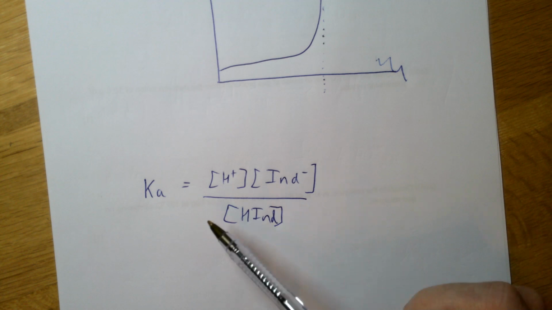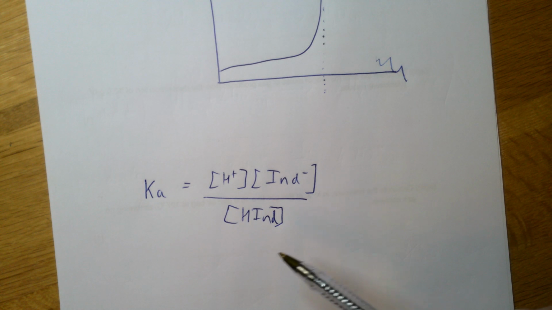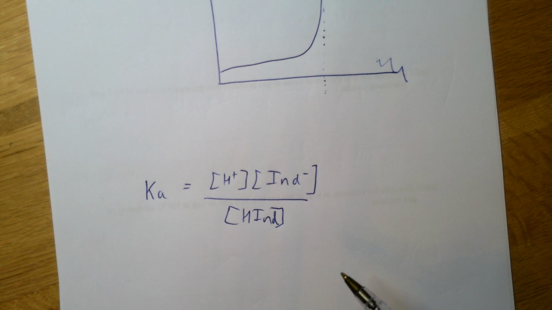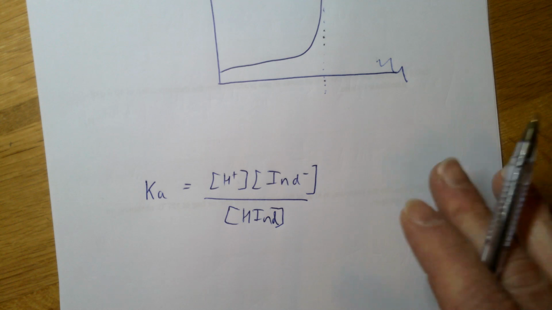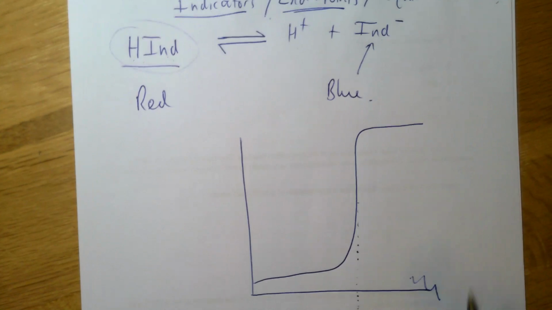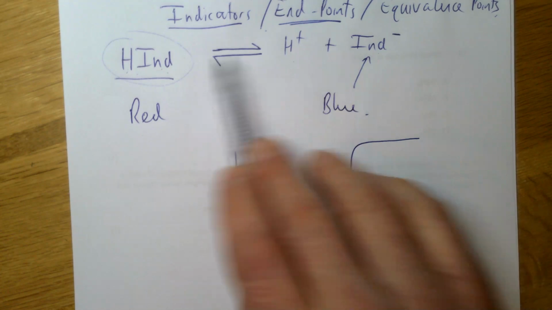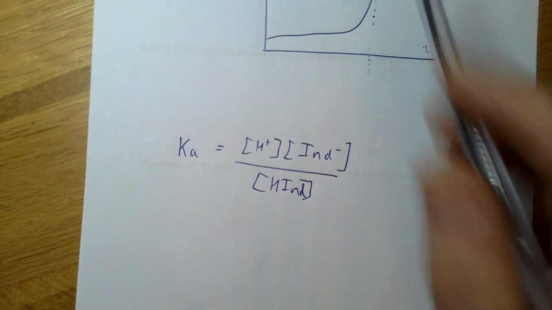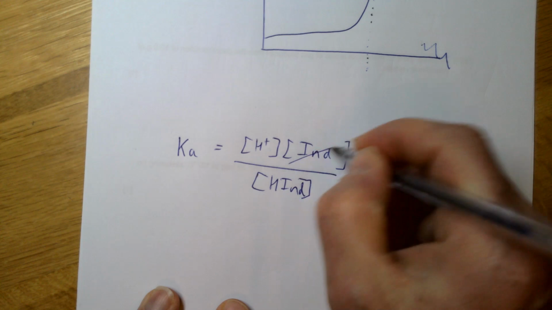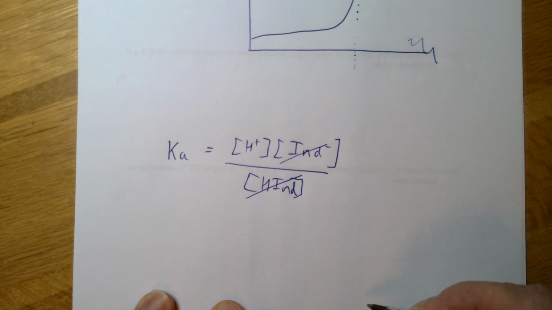That equilibrium reaction would have a Ka associated with it, and so the products over the reactant. Now if you've got it moving from red to blue or blue to red, you would have a roughly equal concentration of the product conjugate base and the acid. In other words, the concentrations of those are the same, more or less, at the end point, the point at which your colour changes.